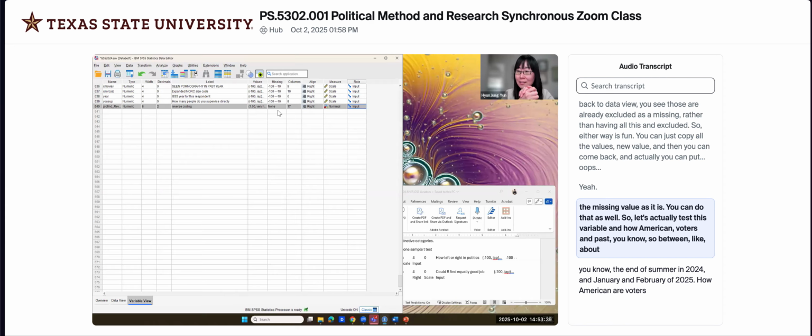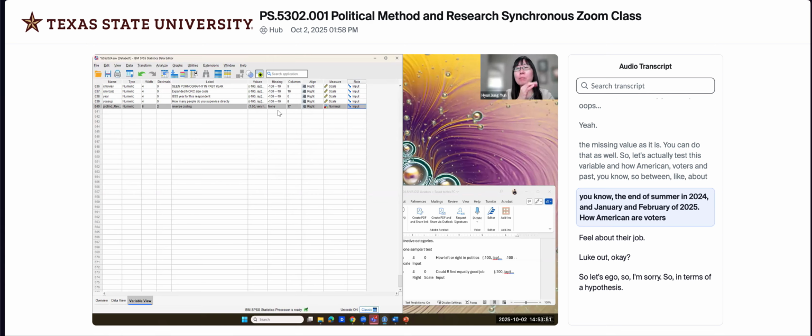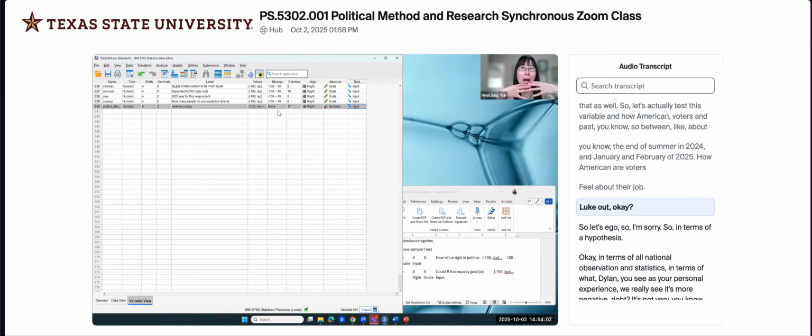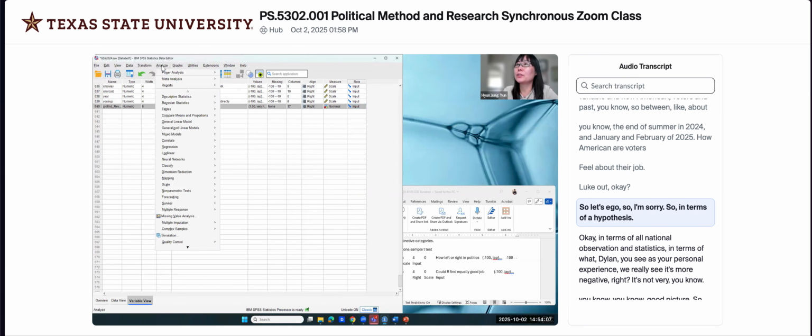So let's actually test this variable and how American voters, between about the end of summer 2024 and January and February of 2025, feel about their job outlook.